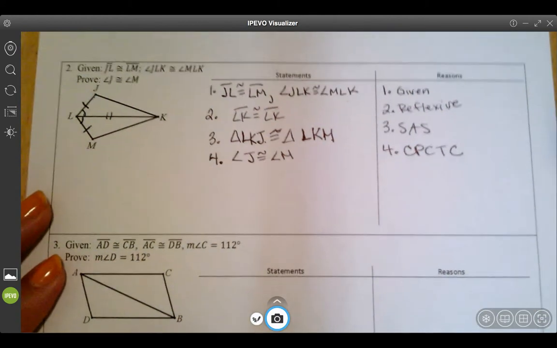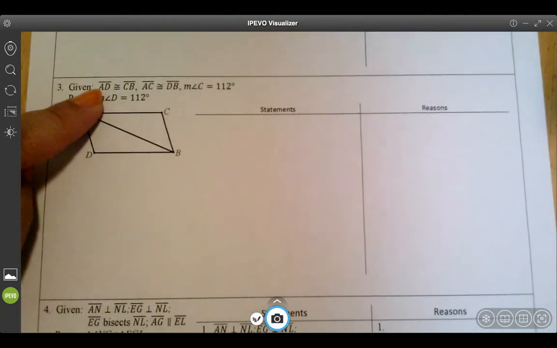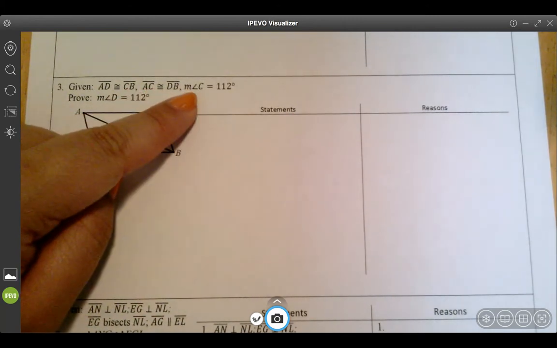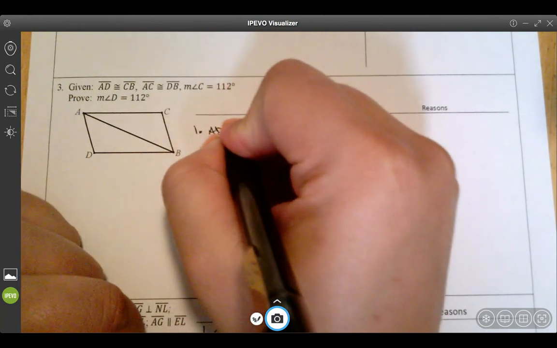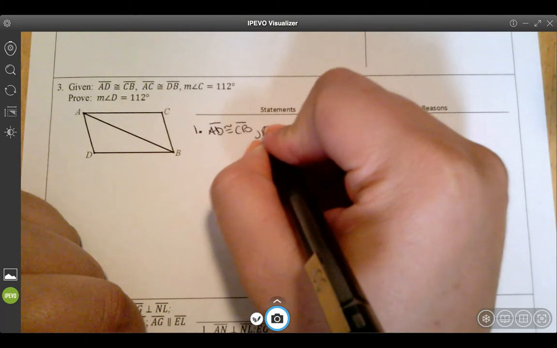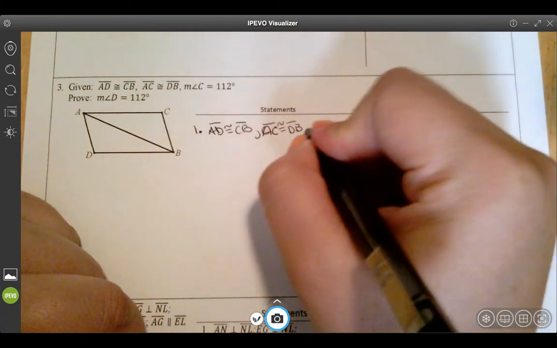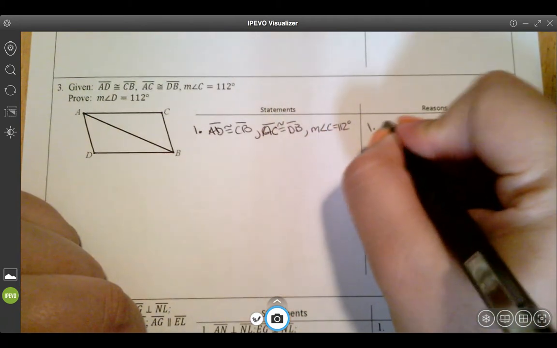Let's keep going on number 3. If we're given that 2 segments are congruent, these 2 segments are congruent, and this time we have the measurement of an angle. So let's go ahead and start by writing our given statement. AD congruent to CB, AC congruent to DB, and the measure of angle C is 112 degrees.